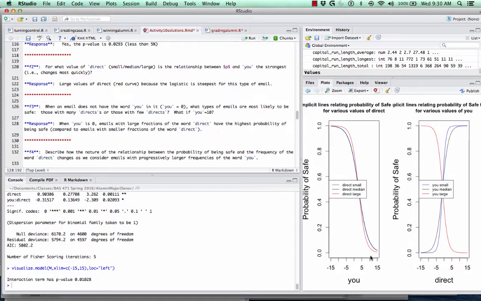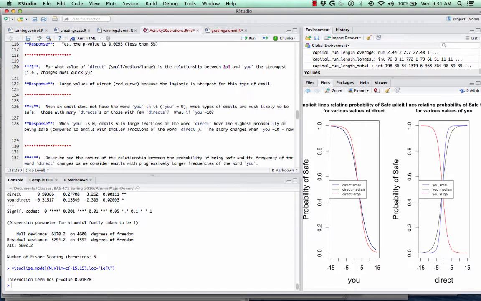What if u is equal to 10, way out here? Well, notice the story completely changes. It looks like if u is a pretty frequently appearing word in the email, the emails with large values of the word direct have a lower probability of being safe than emails with a smaller value. So the story changes when u is equal to 10.